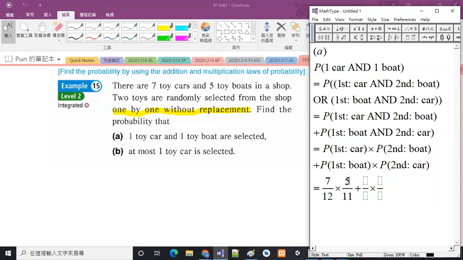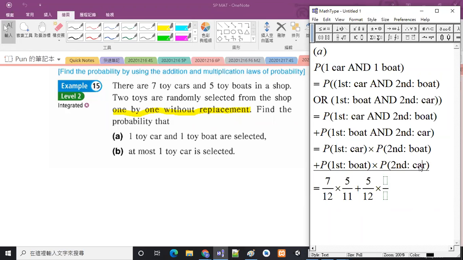Okay, but for the second case, I want the first selection to be a boat. But when we go back to the first selection, how many options are there for us to choose? Will be 12 again, because it resets the situation, because we are considering the other possibility. And there will be 12 options, and among the 12 options, how many of them are boats? Will be 5.